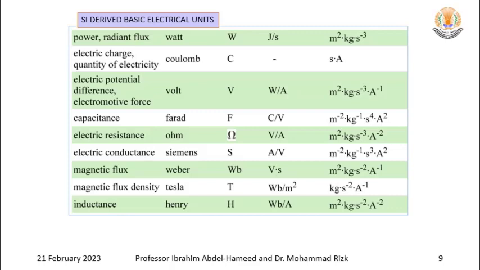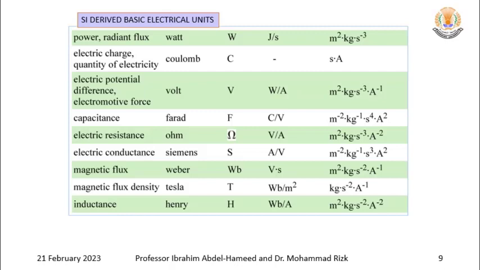And so on. Capacitance in farad, or coulomb per volt. Resistance, electric resistance in ohm. This symbol, ohm, or volt per amp. Electric conductance, Siemens. Today you will understand what's meant by electric conductance. Ampere per volt. But resistance, volt per ampere.